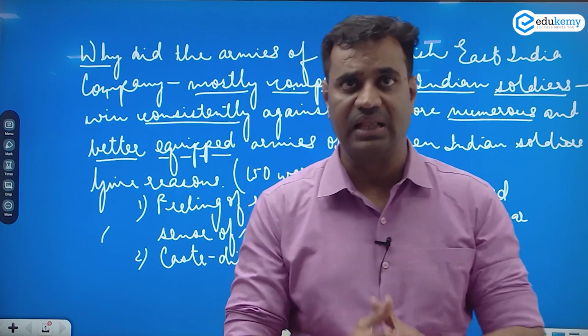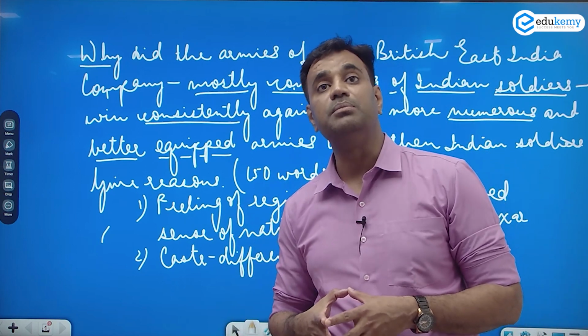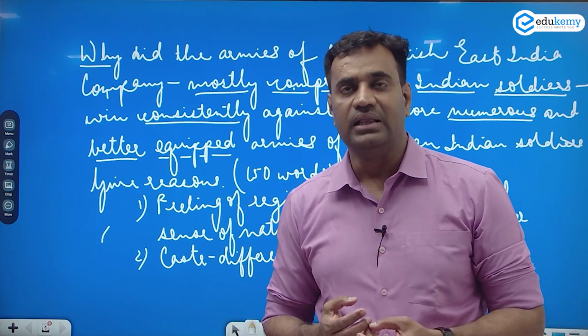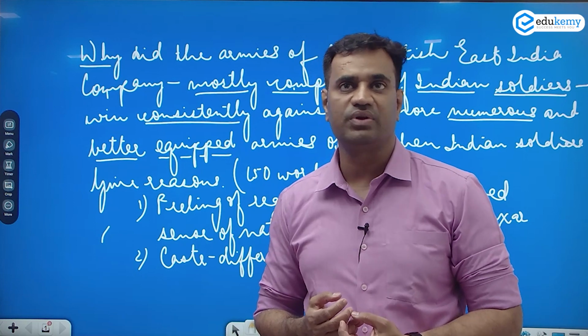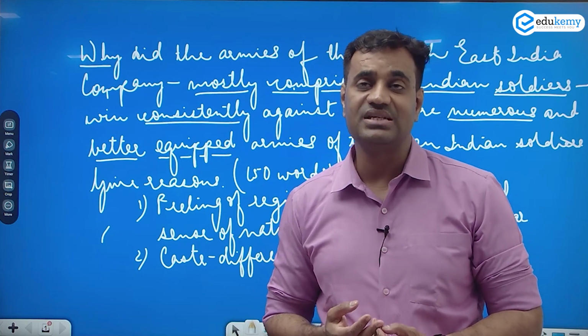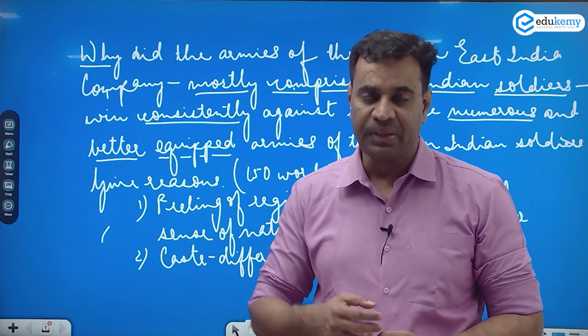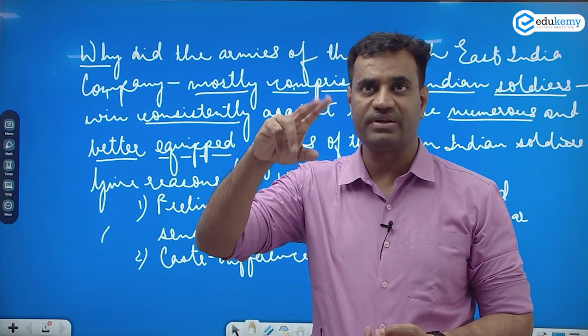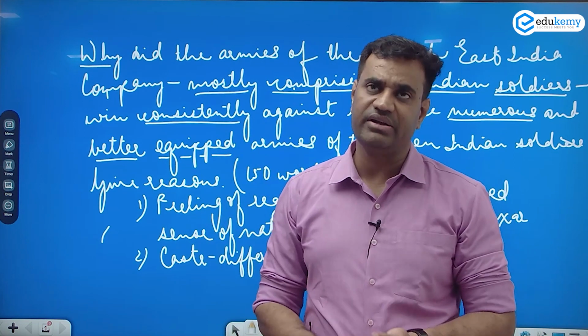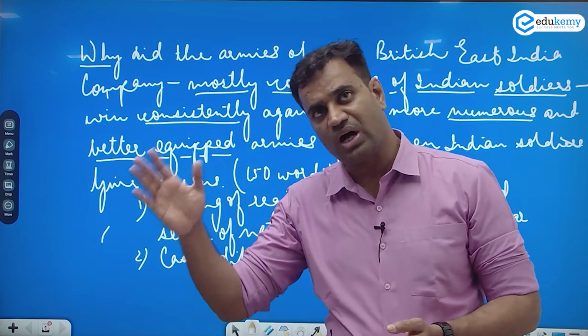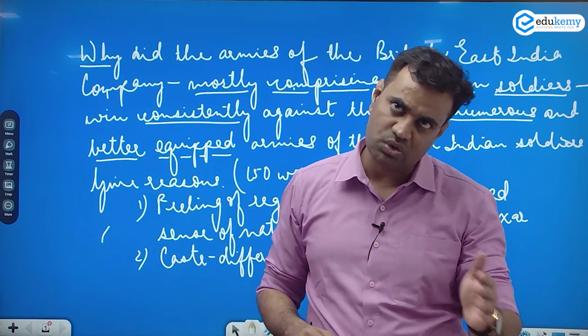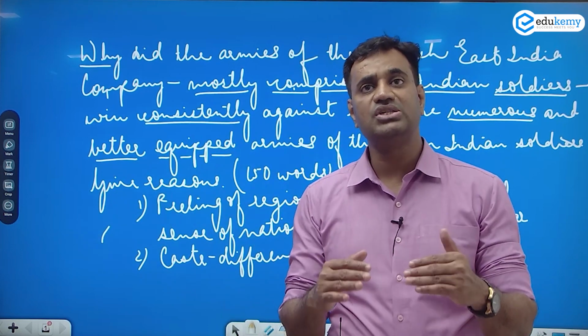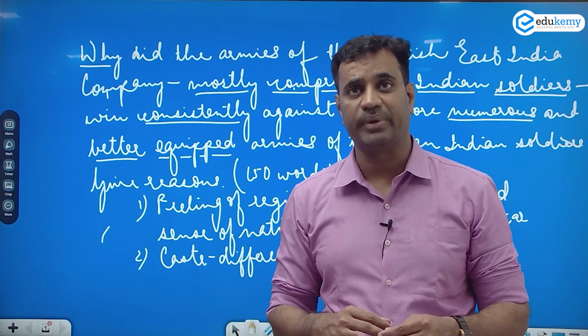For example, the British defeated the Marathas in India largely because the Marathas were not supported by other sections of society. Clear? There were huge caste differences in Western India between the Peshwas on the one hand and Maratha soldiers on the other. Maratha soldiers were under the control of the Peshwas.